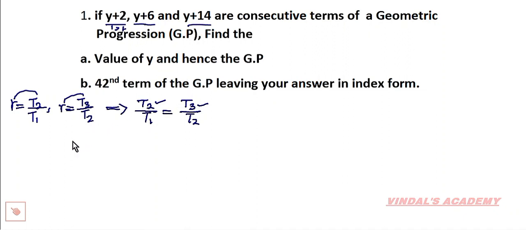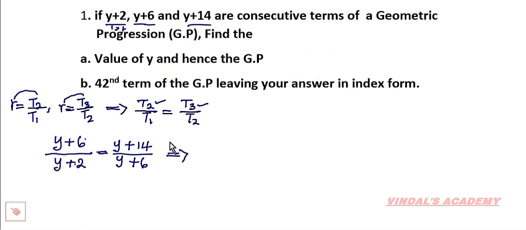Therefore, I'm going to have that y plus 6 all over y plus 2 is equal to, because this is second term and this is first term, this is going to be equal to y plus 14 all over y plus 6. Now, let us clear the fraction.